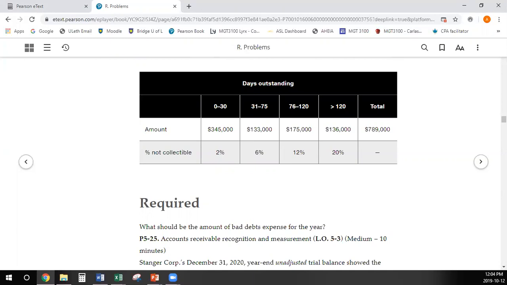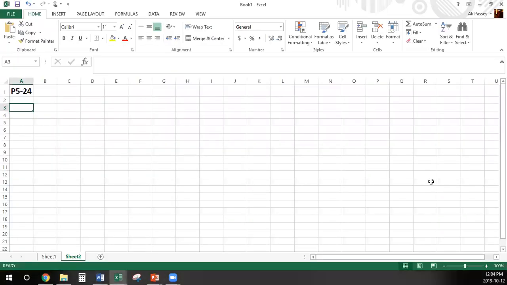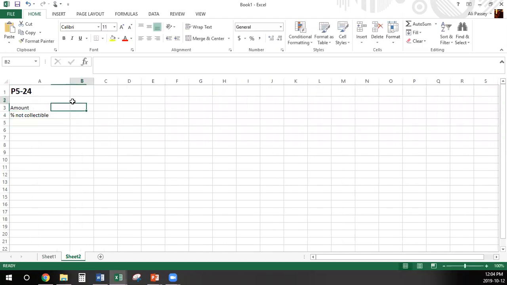So in this case, we would need to figure out the total amount that is considered uncollectible. So if we just copy in the information from the table that they provided us for the different aging categories.